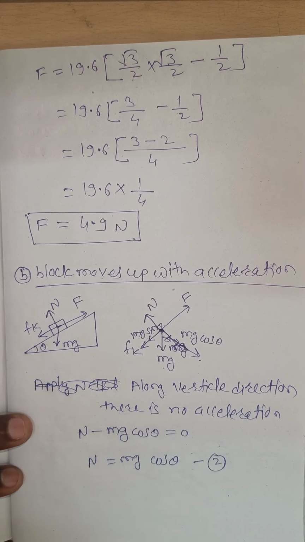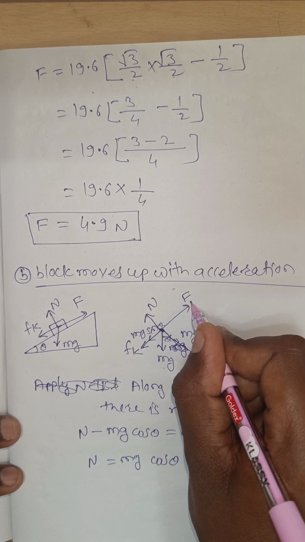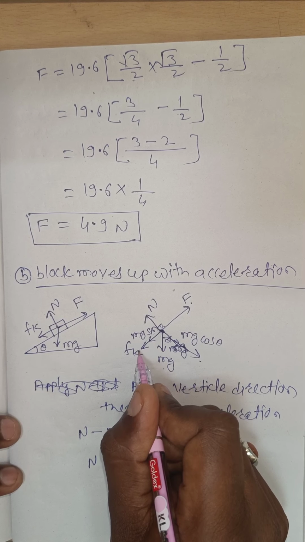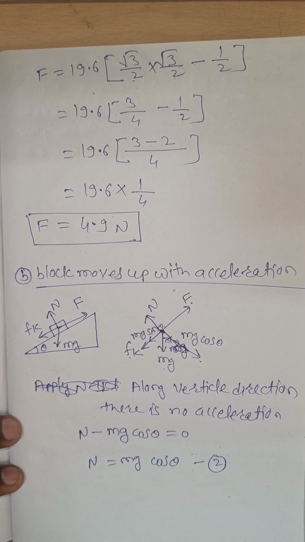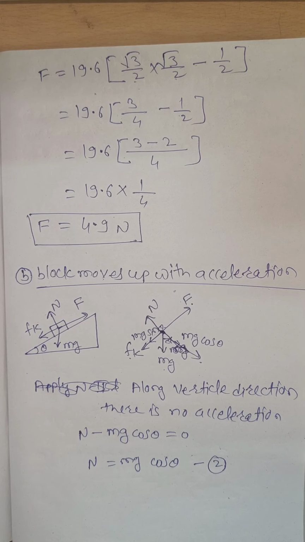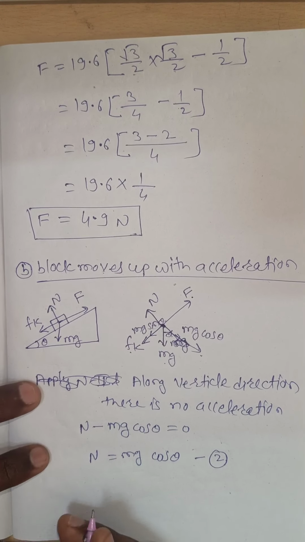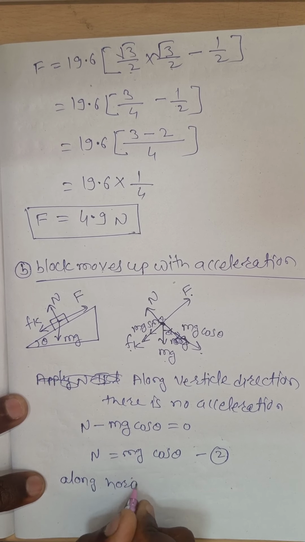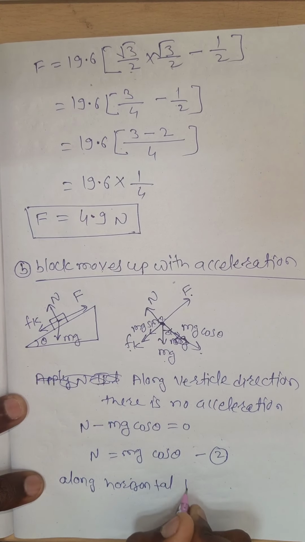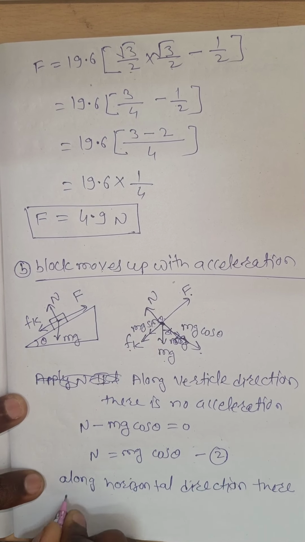Similarly, along the horizontal direction, this is the direction of the applied force, and in the downward direction are kinetic friction and mg sin theta. Along the horizontal direction there is no acceleration.